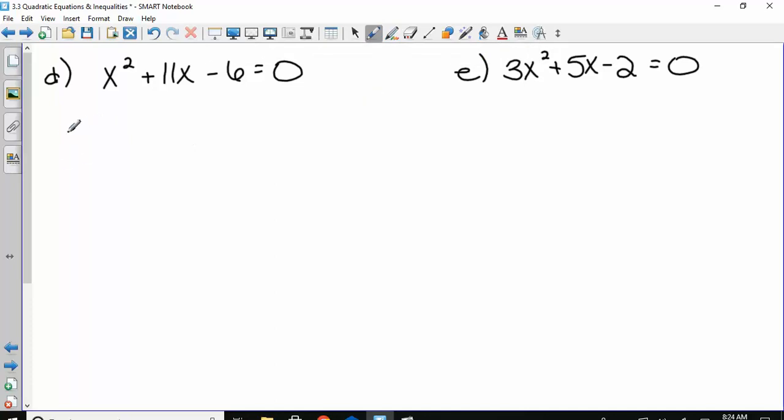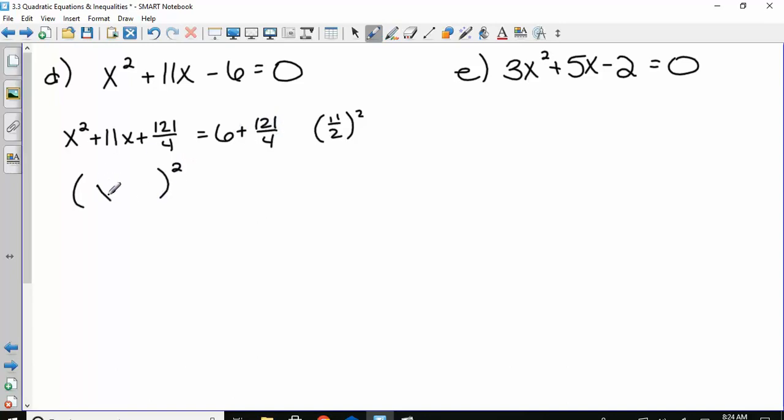It does not factor nicely, so we have to set up for completing the square. So add over the 6. Then you take your middle term, which is 11, divided by 2, squared. So that gives you 121 over 4. How do you know what this factors into? You divide by 2. When we divided by 2, we had a positive 11 over 2.